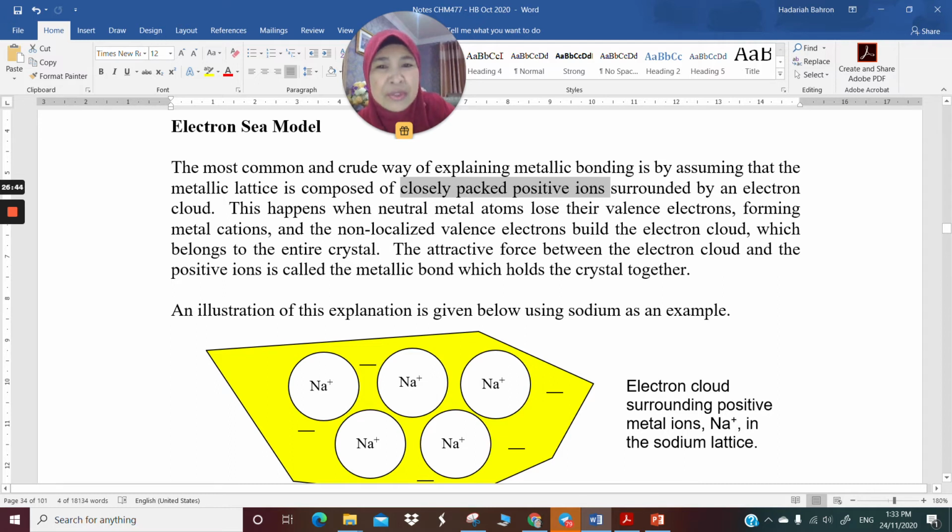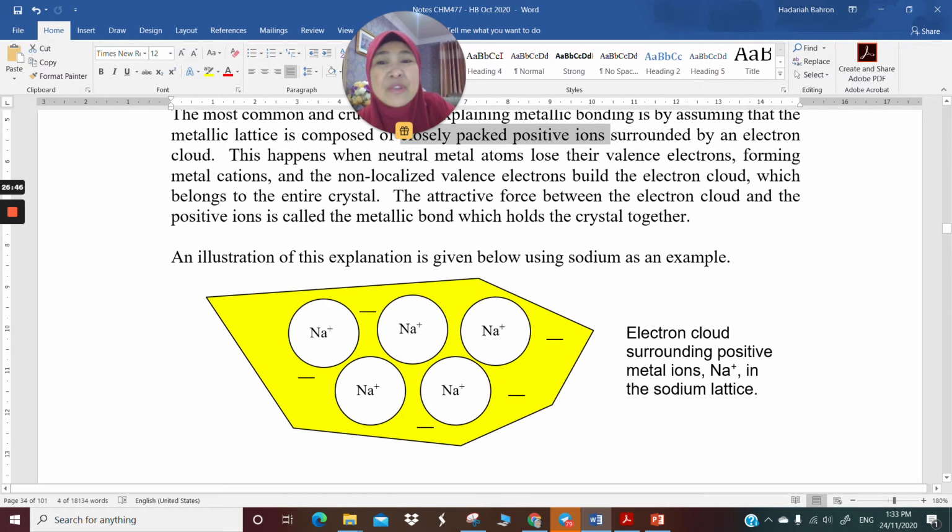Where does the electron cloud come from? It comes from the electrons, the valence electrons. These are the sea of valence electrons. So for sodium, for each atom, you have one valence electron, because sodium is 1s2, 2s2, 2p6, and 3s1. Can you recall?